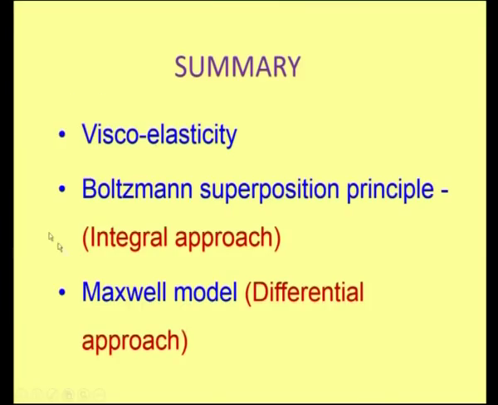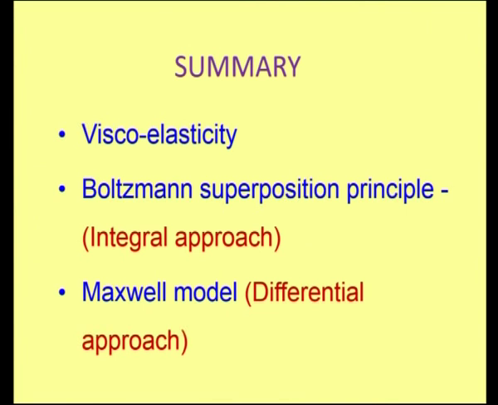And then the next one we have seen is the Maxwell model, which is an example of a differential approach. In the Maxwell model, we use mechanical models like a spring and a dashpot, the spring for elastic nature and the dashpot for viscous nature, combining these two elements in series, and then we perform two experiments, one for creep, another for stress relaxation.